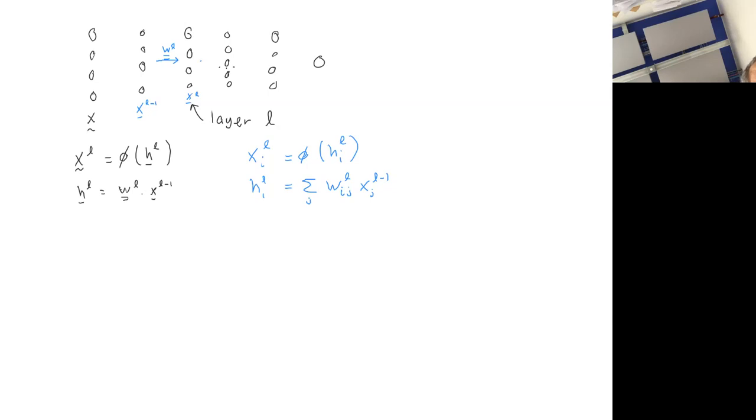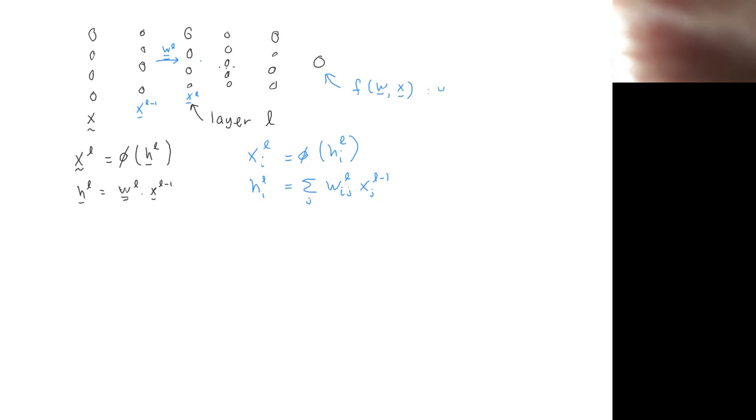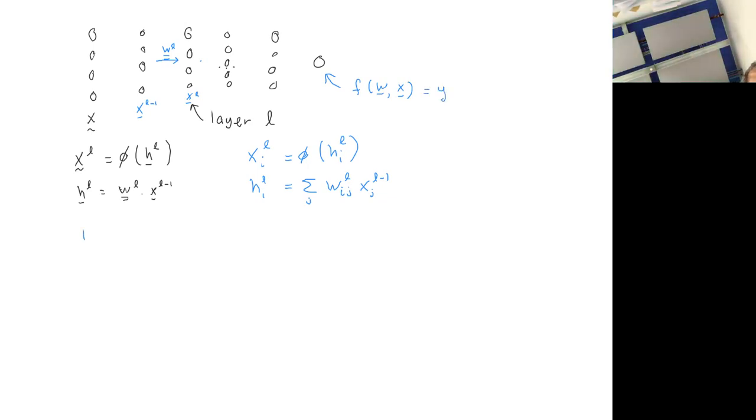The training examples are, if you call the output f, a function of all the weights and the input, and call this equal to y, then your training examples are x^mu, y^mu, and y^mu might be for linear regression.